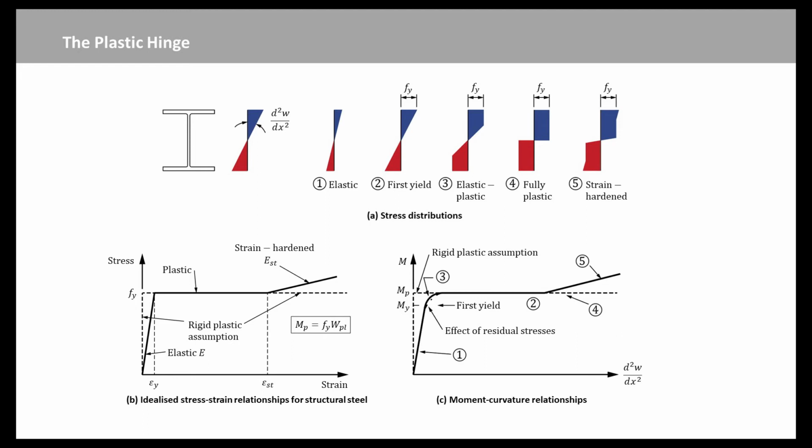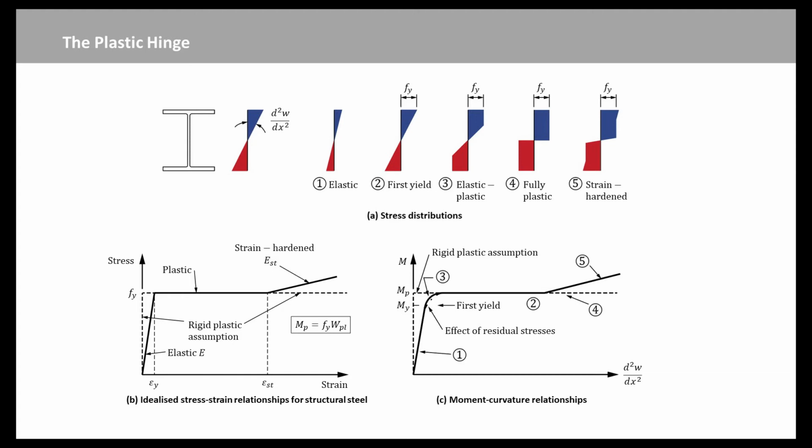At high moment curvatures, the limiting situation is approached for which the beam section is completely yielded at the fully plastic moment Mp equal to Fy times Wpl, where Fy is the yield stress and Wpl is the plastic section modulus.